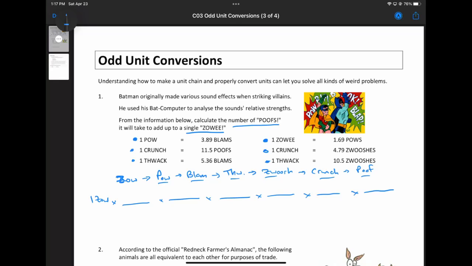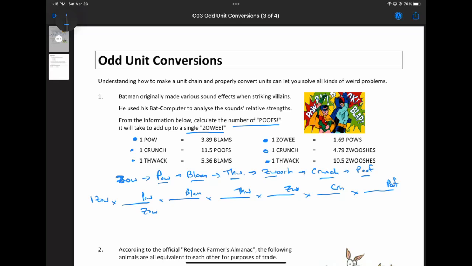So we already have zowies, so we'll go pow, blam, thwack, swoosh, crunch, and poof. And I'm not going to be too concerned about the abbreviations I'm using there as long as it's clear what they're supposed to be. And then the next row, in the bottoms of the fractions, I'm going to do the exact same things in order, but leave off the poofs.